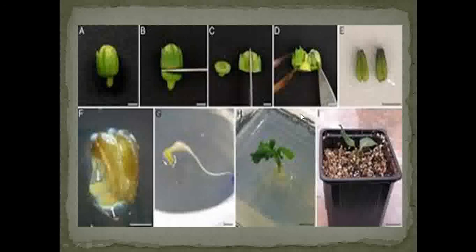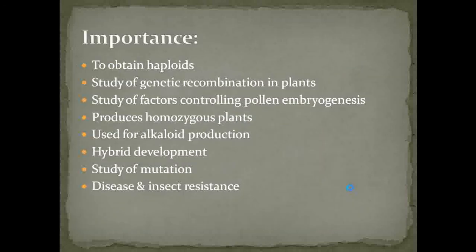That plantlet you can harden and keep under soil, compost, and coco peat in a 1:1:1 composition under the greenhouse. Okay, so in this way the process of anther culture is carried out.